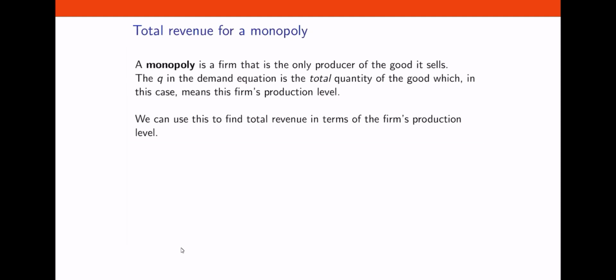And so we'd need more information about how it relates to our firm's individual production level. But if the firm is a monopoly, things are much simpler. The Q in the demand equation is exactly our firm's production level. That means that we can actually use the demand equation with the assurance that the Q that appears in it is exactly the Q that we're modeling, namely our firm's production.